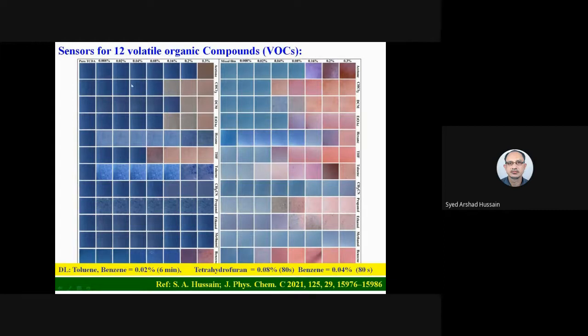This is for the clay PDA system, and this is clay PDA with imidazole. Here you see the response is better, but of course the concentration of different VOCs shows different responses, and the time is also different. So one can optimize this whole thing.